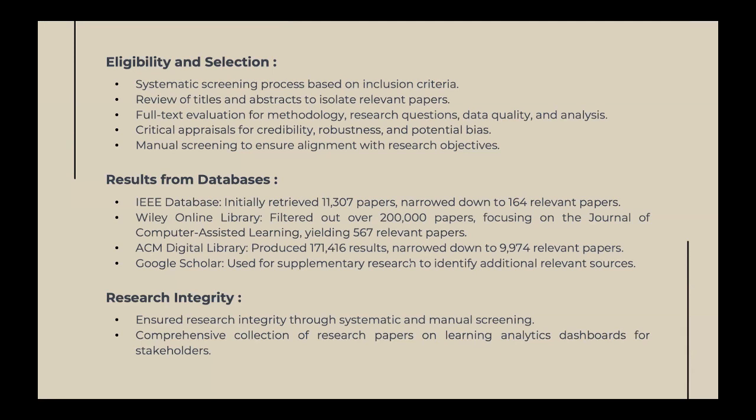And then from the ACM library, with an initial output of 1,71,416 results, we refined it to 9,974 papers. And after applying different levels of filters related to our criteria regarding the timeline of the papers, we actually got a total of 21 papers.